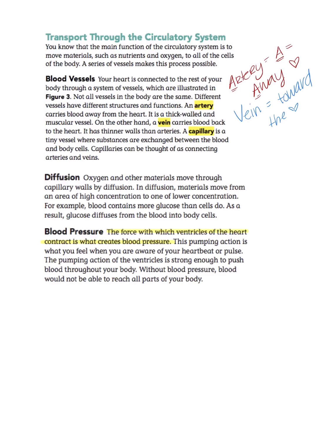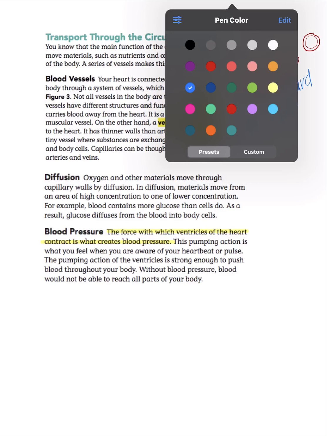So if an artery looks like this, a vein would be represented kind of like this. They don't have a very rigid structure, and there isn't a lot of blood pressure in it. The blood just kind of glugs along back to the heart.